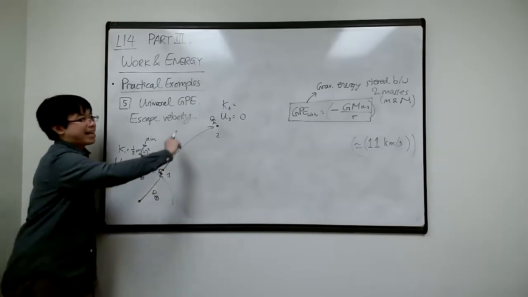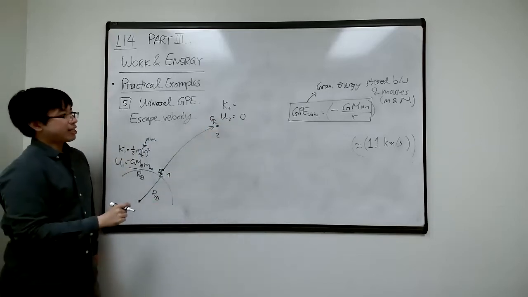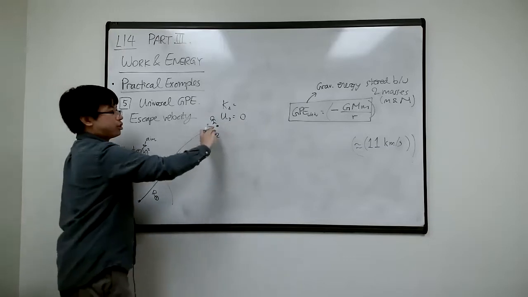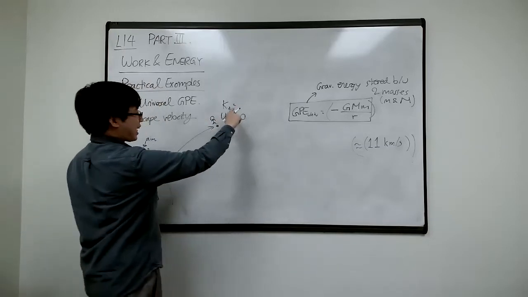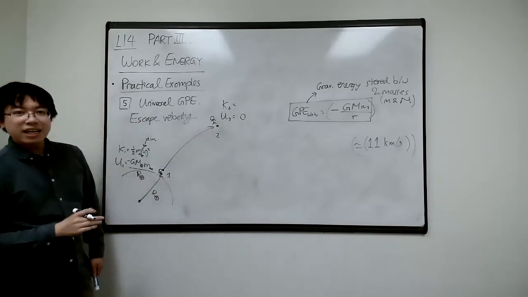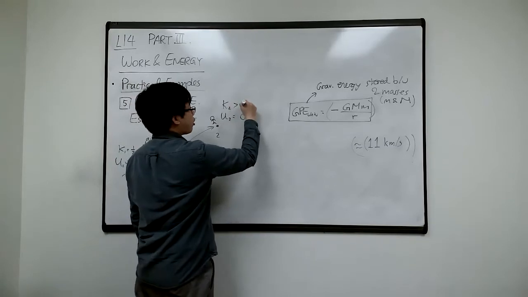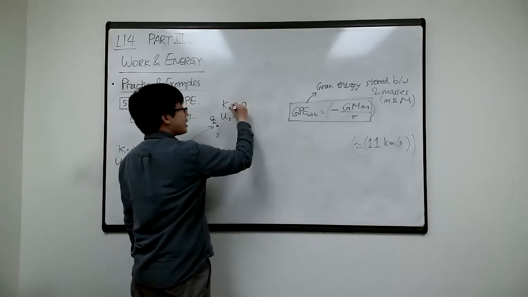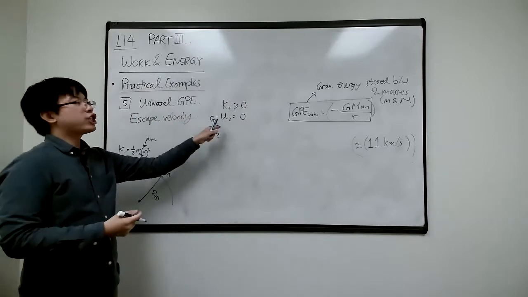Okay. And at infinity over here, I don't want to feel any more gravitational attraction. So I want to sort of go out to infinite space that way. What is my kinetic energy there? Well, I don't really care. It has to be larger than or equal to 0, right? I don't care if I sort of stopped.